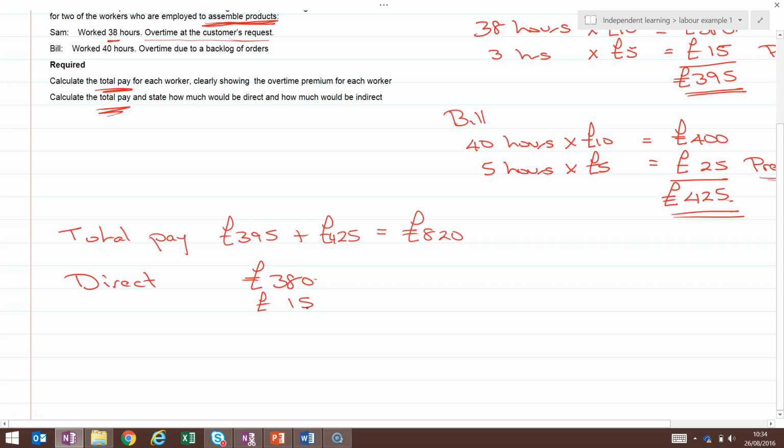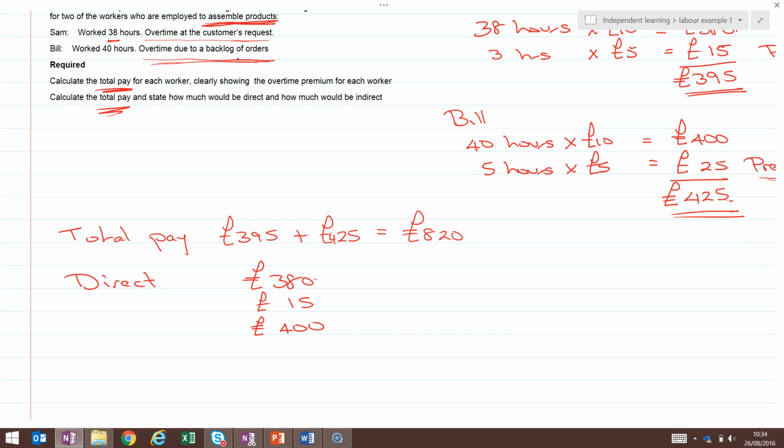Now if we move on to Bill, £400 assembling products, so that's direct. Overtime premium, well, Bill worked overtime due to a backlog of orders. So his overtime was not at the customer request.